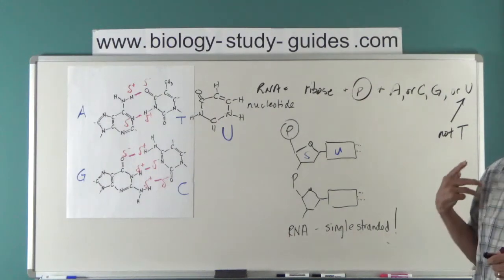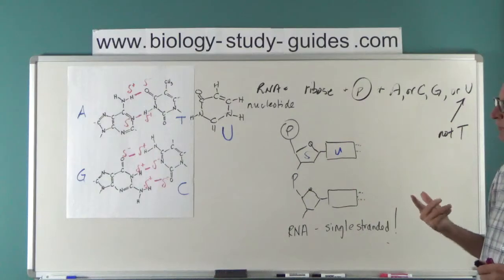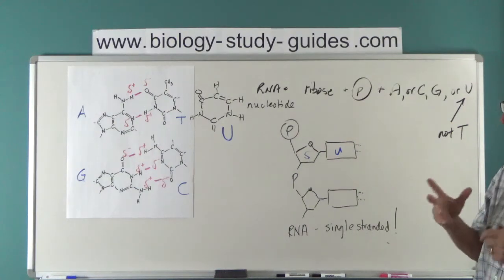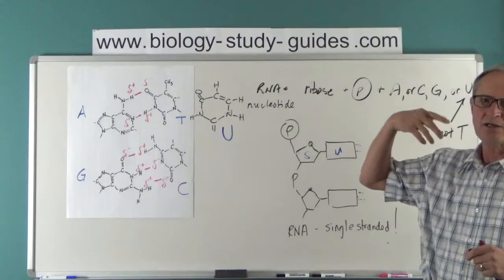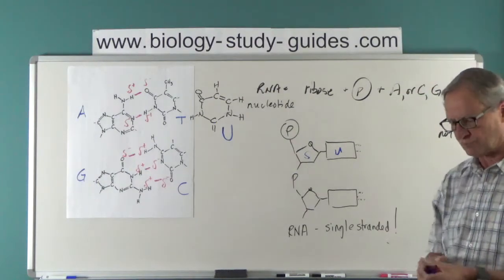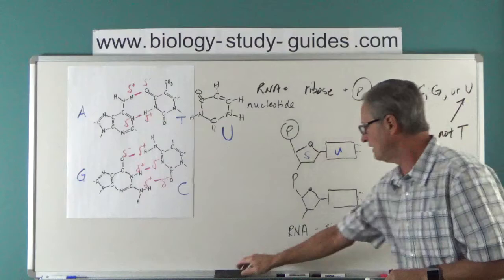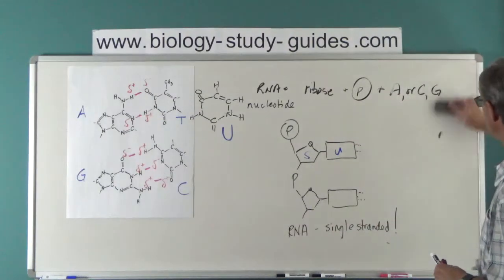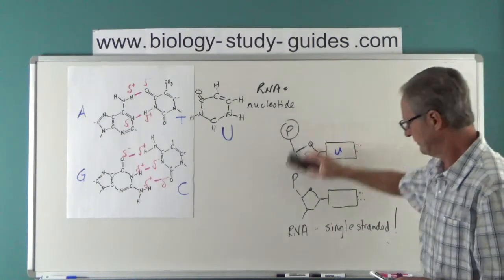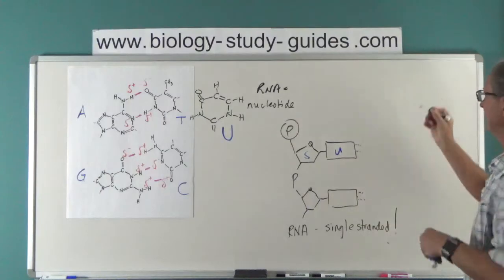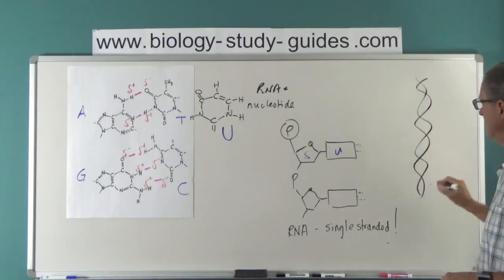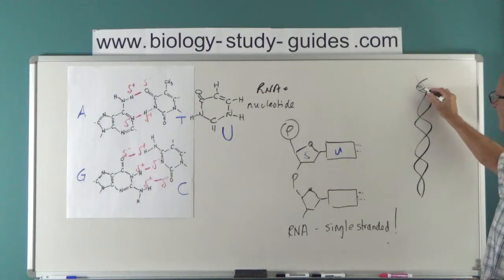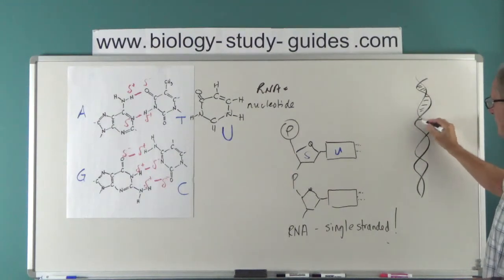I want to just mention a couple of things before we wrap things up here, because we're almost at the end of this. I mentioned that DNA is the molecule of chromosomes, and oftentimes you'll see DNA represented like this. So there's the double helix, the double-stranded molecule.